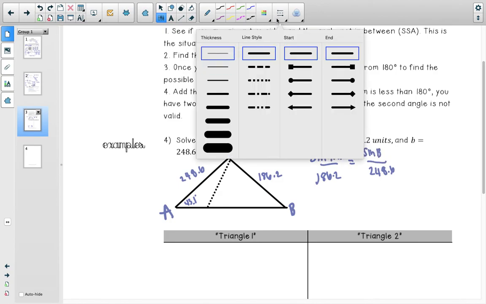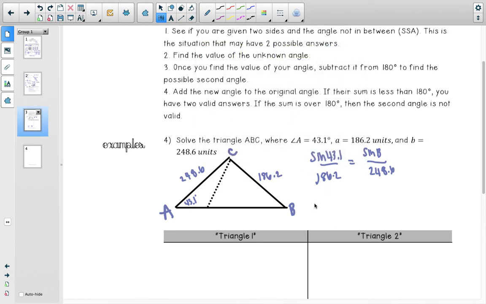I can feel it. Okay, so we cross multiply, and we get 248.6 sine of 43.1 equals 186.2 sine of B. And we divide this over, and I'm just going to get the actual calculation of it.